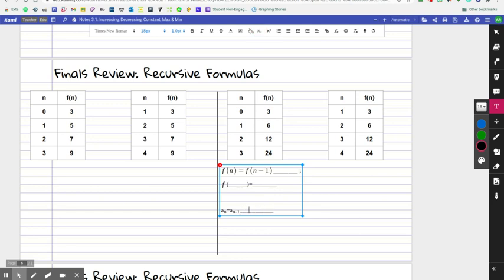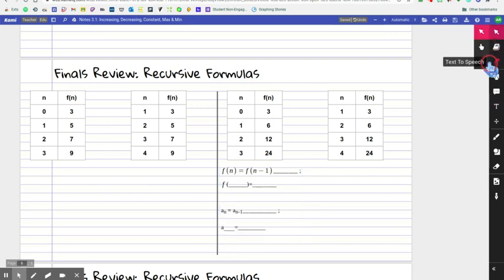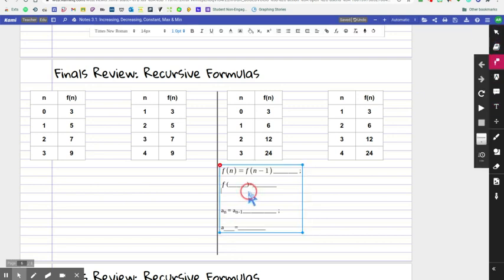Very specific, that something. I'm going to space this out so it looks a little prettier. And it also has a start value. So A sub something equals something. So once again, all those blank spaces change with your table, whatever information you're given on your table. But everything I have typed out doesn't change. That's the same no matter what. Now I'm going to do something crazy fancy here, and I'm going to copy this.